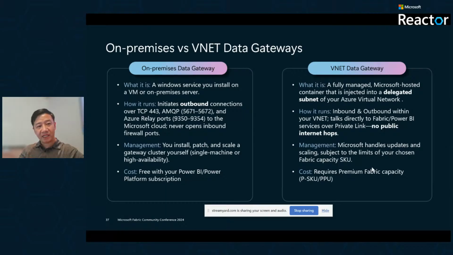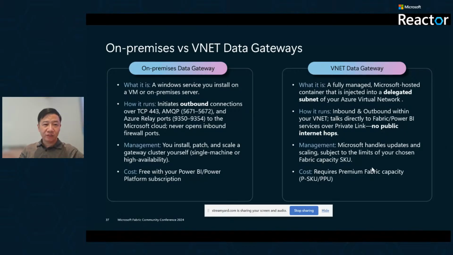So if you have a policy that you have to install the gateway in your on-premise environment, then the on-premise data gateway is the only choice. Whereas the VNet gateway is a fully managed, Microsoft-hosted container, which is injected into a dedicated subnet of your Azure virtual network. You just need to create a subnet, make sure you have enough IPs, and delegate that subnet to VNet gateway.